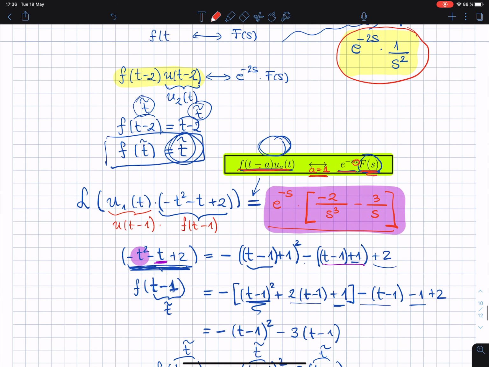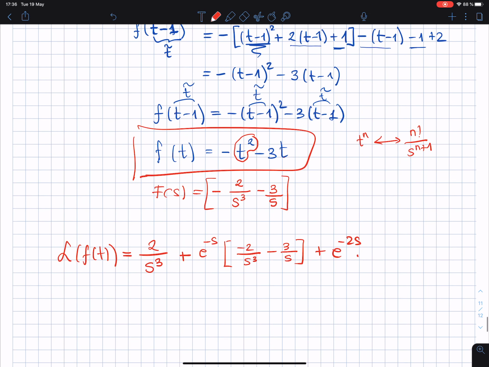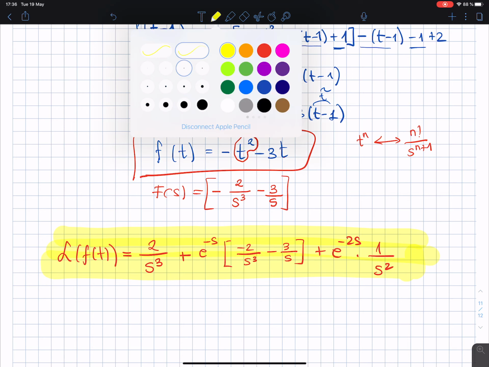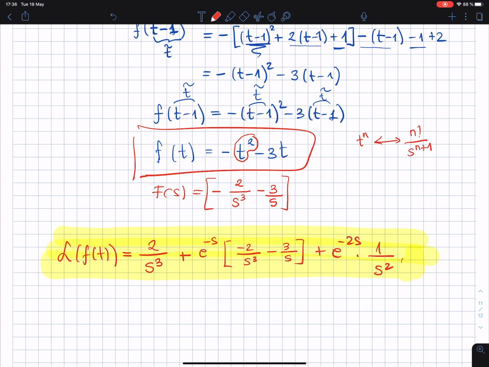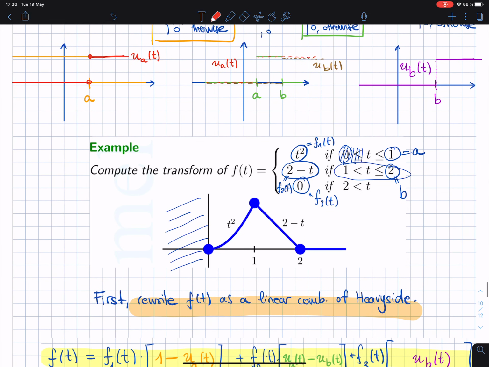So let's write that part. e to the minus 2s times 1 over s squared. So this is the final solution of the problem we wanted to solve. This is the Laplace transform of the piecewise function we wanted to compute its inverse Laplace transform, as we had in this problem here.